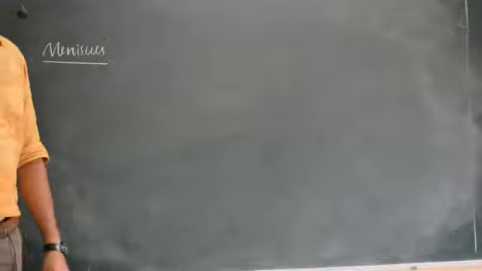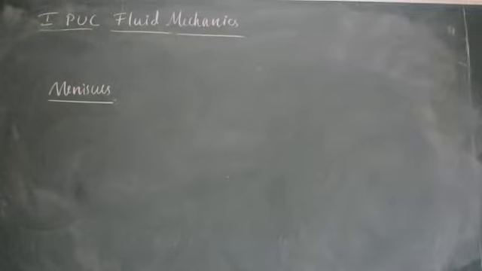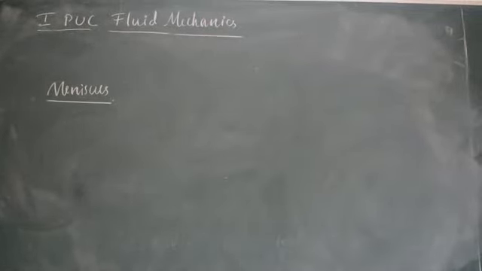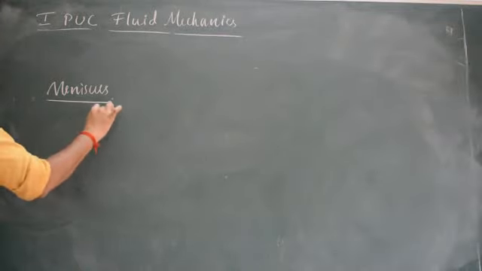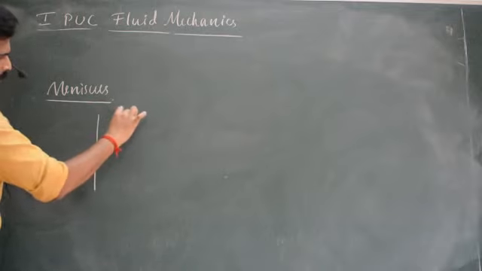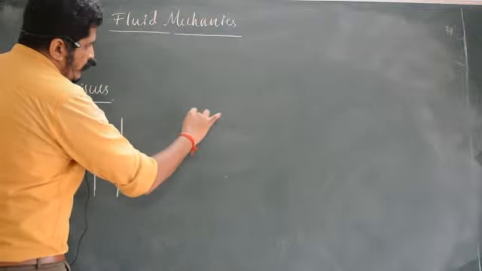So I told you people, mercury has a peculiar kind of characteristic. For that, I'm going to take an example in a diagram way, okay? So let us see that. First I will take a tube, okay, and one more tube.